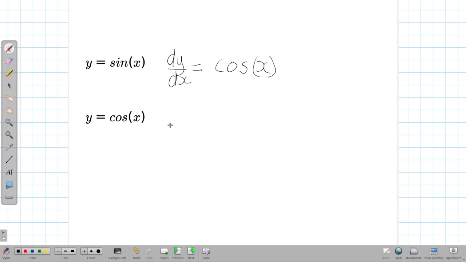Now cos often has the habit of being that slightly awkward version. Find the derivative of this, dy dx. It's the other function again, sine x, but the complication is it has a minus sign in front, so it's minus sine x. So dead simple, really. It's just a case of remembering sine becomes cos becomes sine, but it has a minus sign.